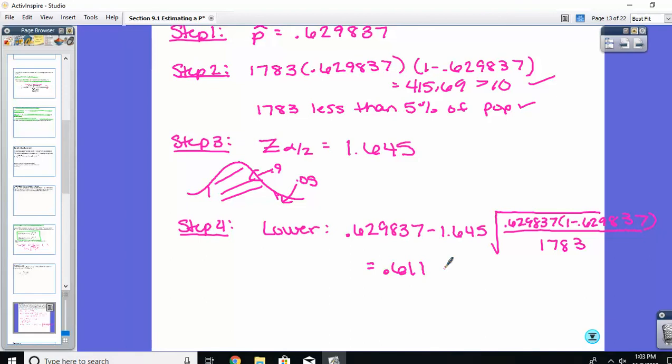Now if you have that one, the upper limit is pretty easy. What's the only thing that changes? Yeah. So, do I have to rewrite that whole thing or can I just write plus? If you have it all typed in your calculator already, all you have to do is hit second enter, bring it back up and go change that minus to a plus. And that gives me 0.649.